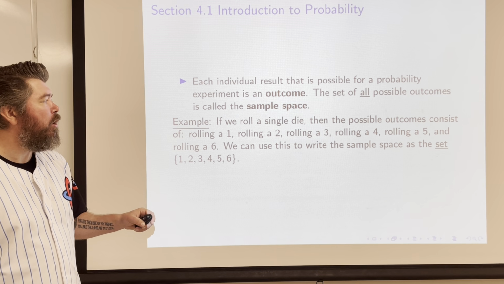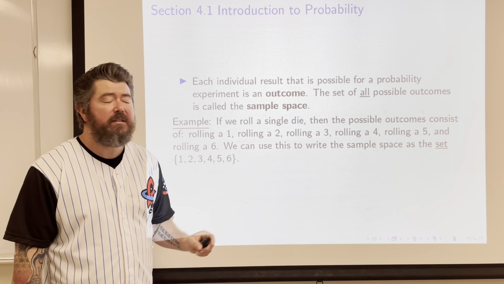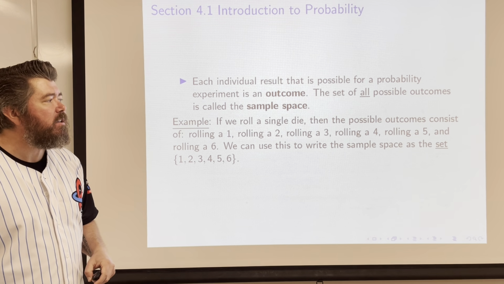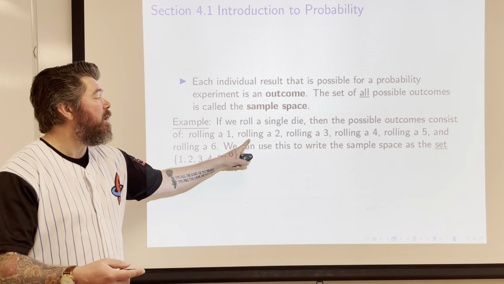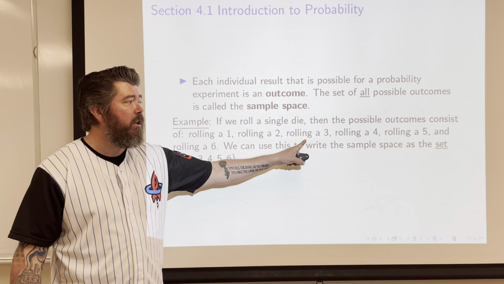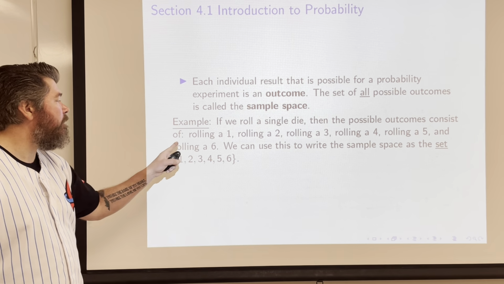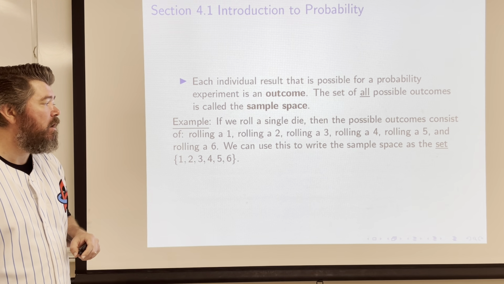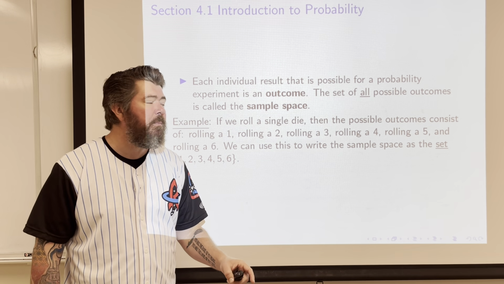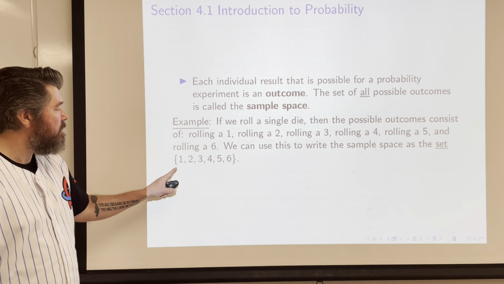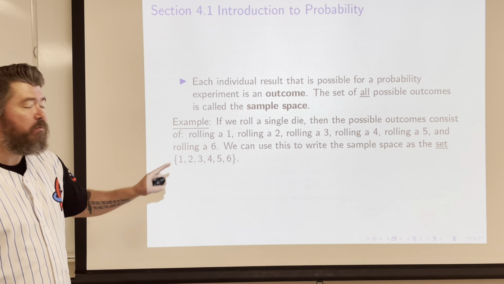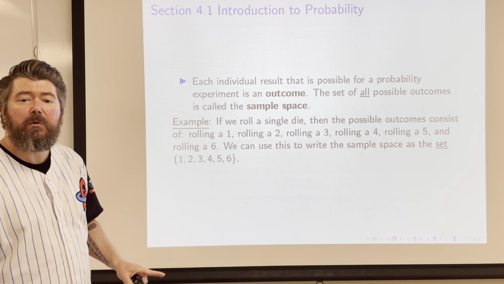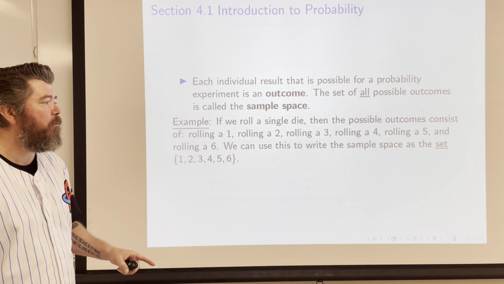If we look at the following example, where we roll a single die, then the possible outcomes consist of: we can roll a 1, we can roll a 2, roll a 3, roll a 4, roll a 5, or we can roll a 6. We can use this to write the sample space as the set {1, 2, 3, 4, 5, 6}, where 1 represents rolling a 1, 2 represents rolling a 2, and so forth.